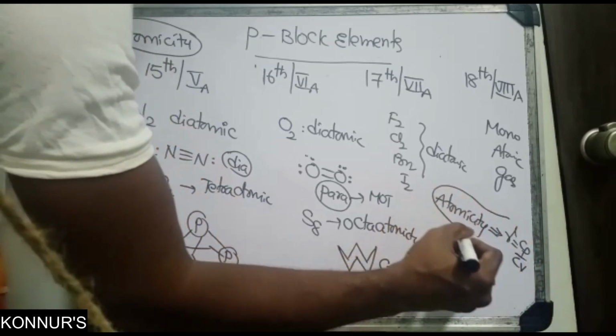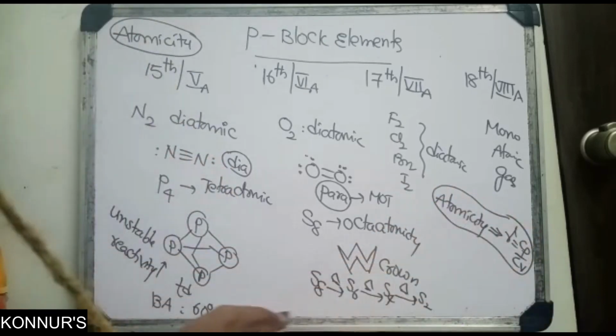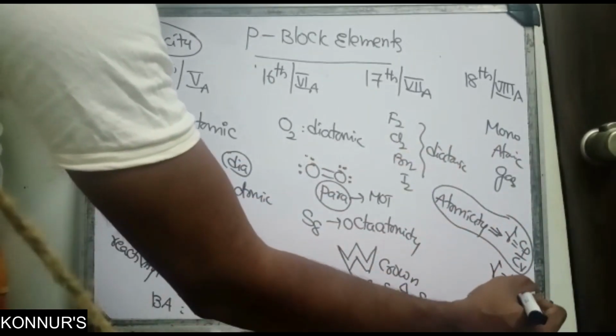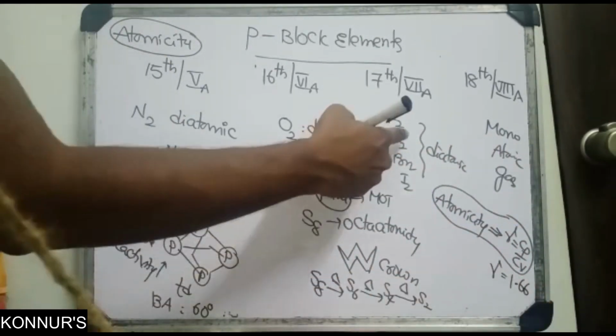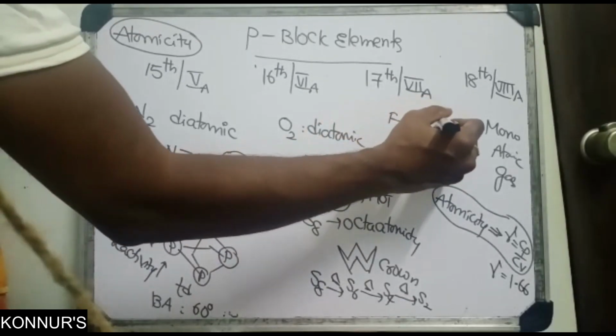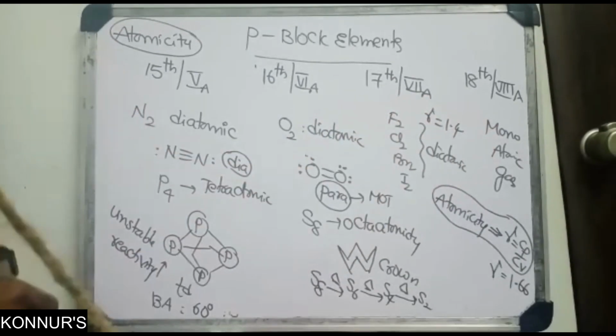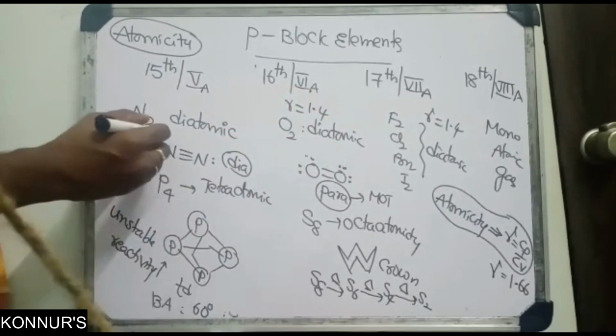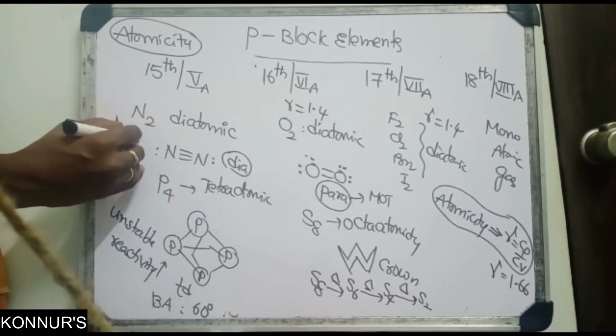That is your physical chemistry thermodynamics. For monoatomic gas, gamma equals 1.66. For diatomic gases, gamma value is 1.4. Oxygen gamma value 1.4. Nitrogen gamma value 1.4.